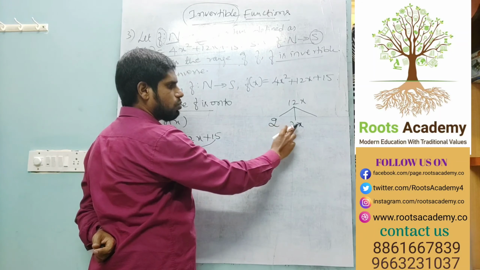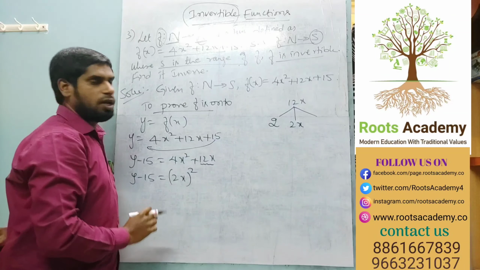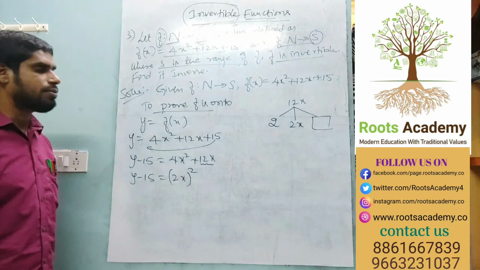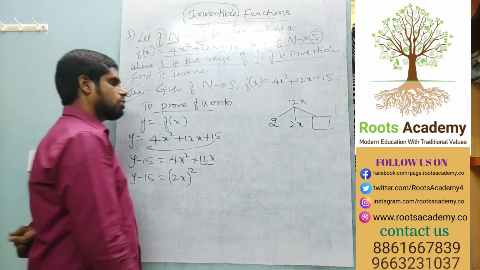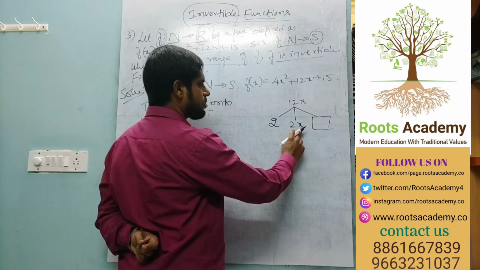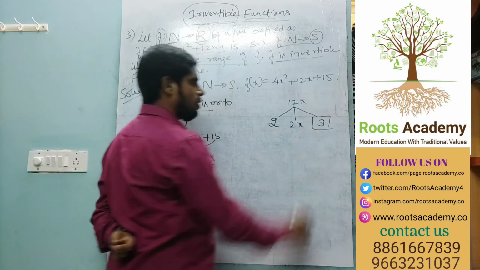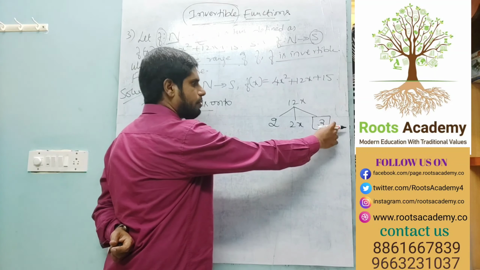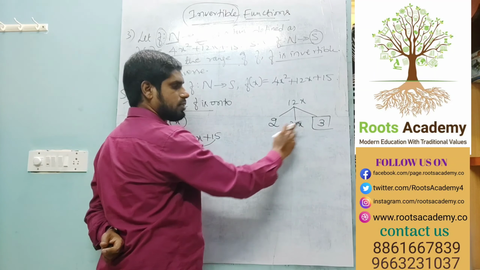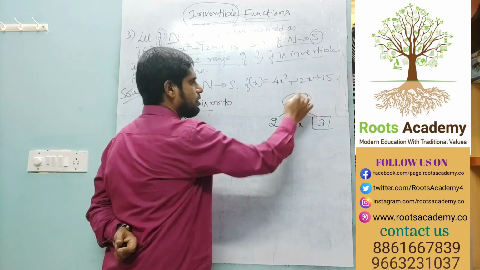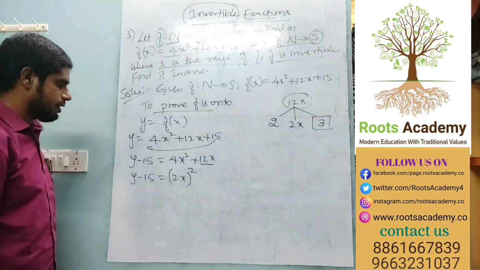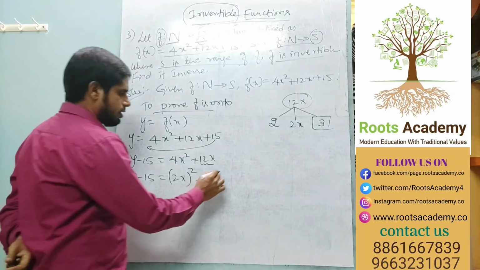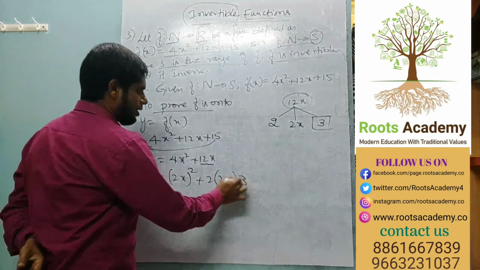Now multiply, 2 2s are 4, it is 4x we got. Now how much we should write here to get 12? 2 2s are 4x, then 4 3s are 12x. So the third factor must be 3. So I can write 2 as the first factor, the second factor is 2x, the third factor is 3.